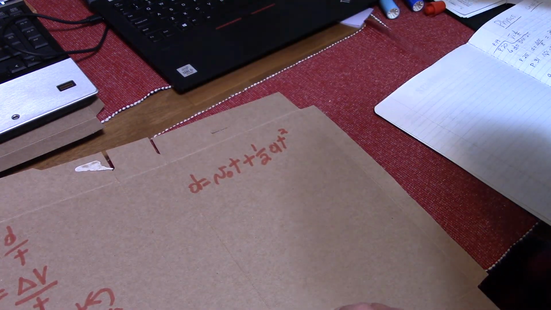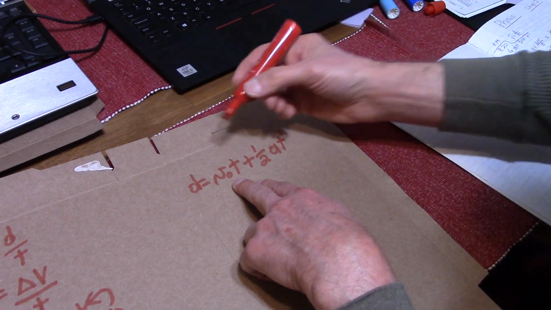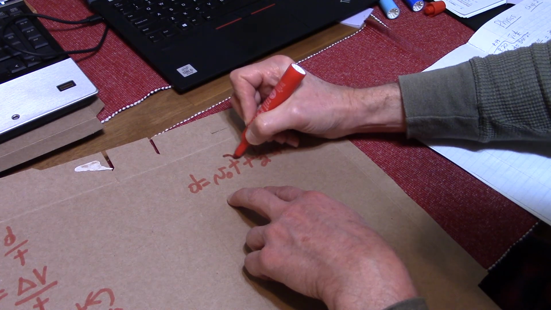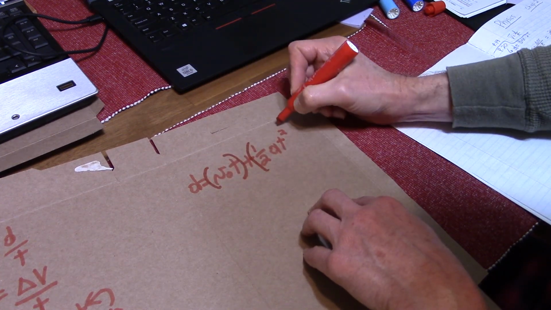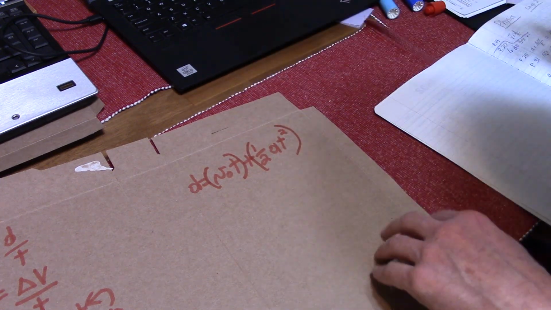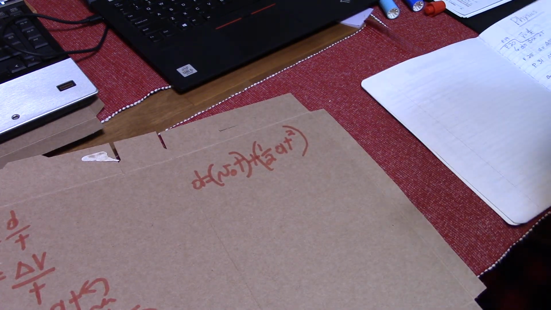So here, if your vehicle is already moving, this one's a plus. So that's V0t plus 1/2 at squared, and that will be for distance.